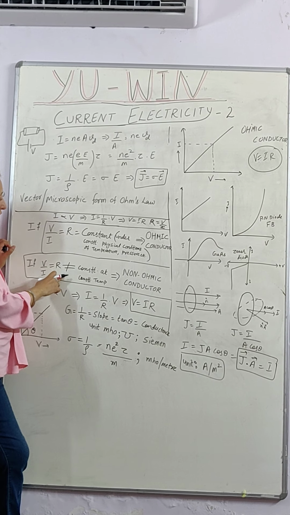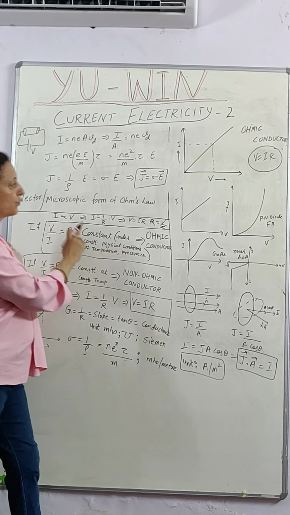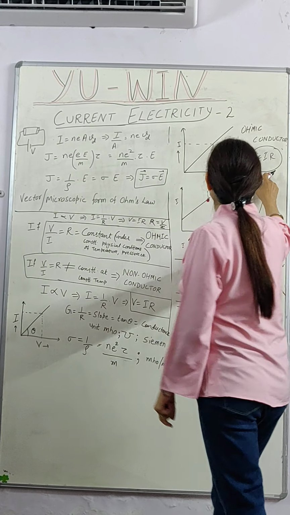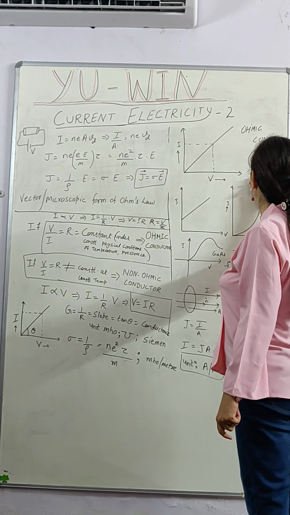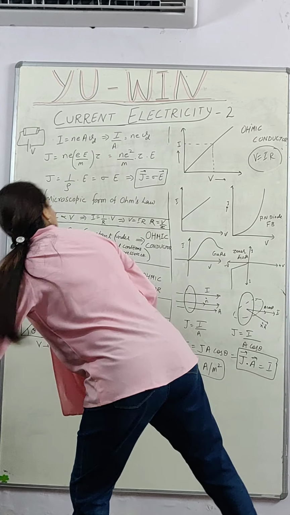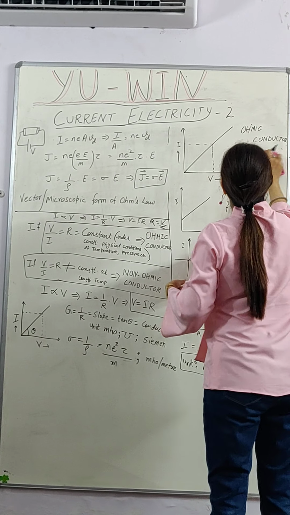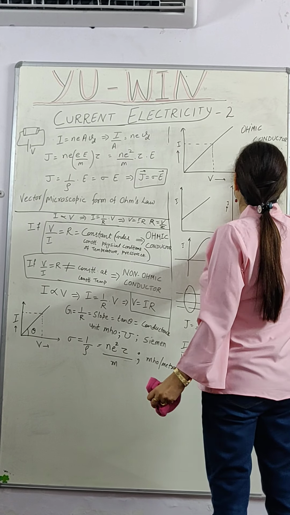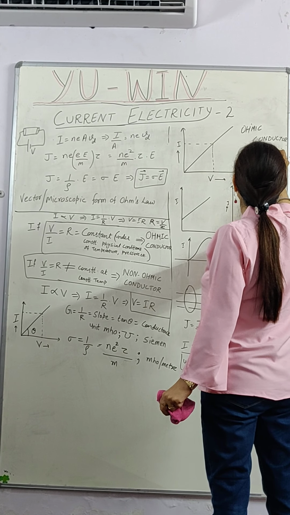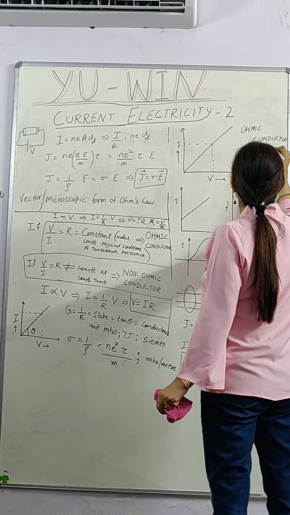Because when you write V is equal to IR, what is this equation? If I write it in straight line equation form, the independent variable is V, and I is the dependent variable.